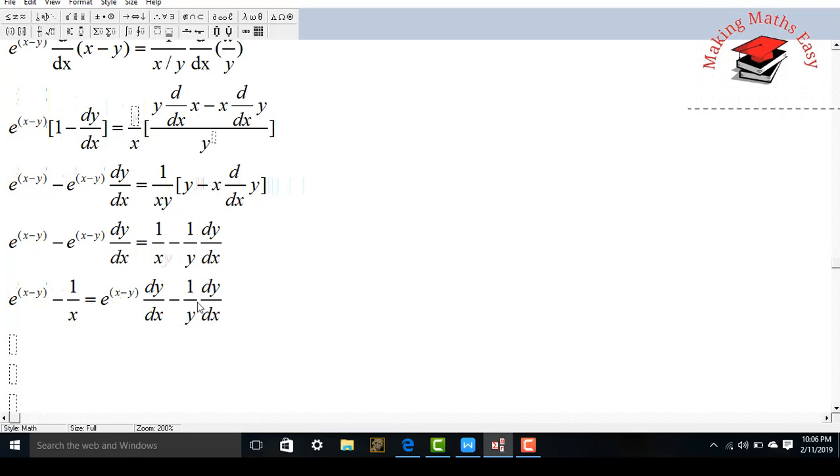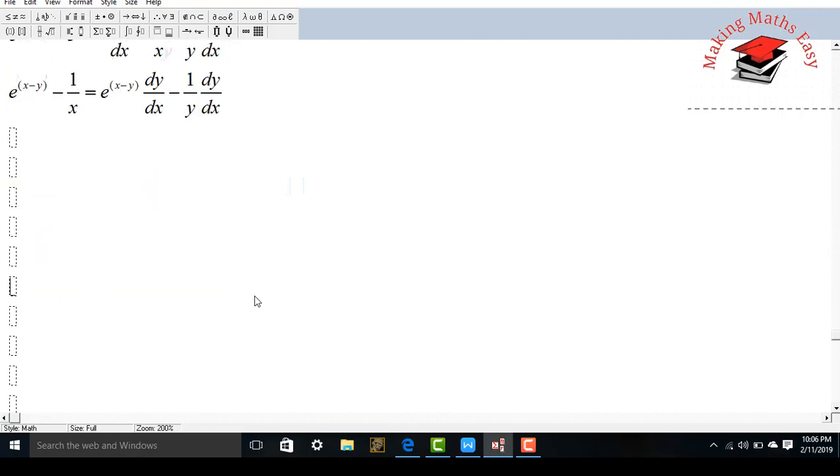So now we can take dy by dx common in this case. For taking this dy by dx common, we write here dy by dx as a common, and then put a bracket and write e raised to xy x minus e raised to x minus y minus 1 upon y, and then close the bracket.